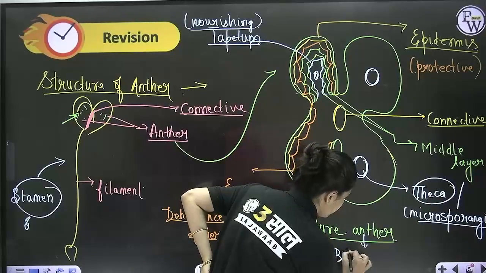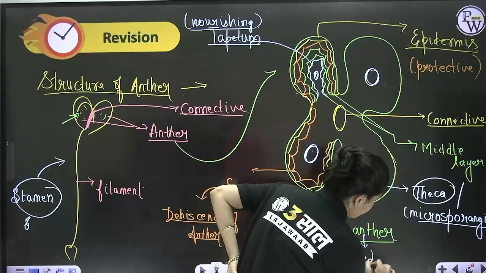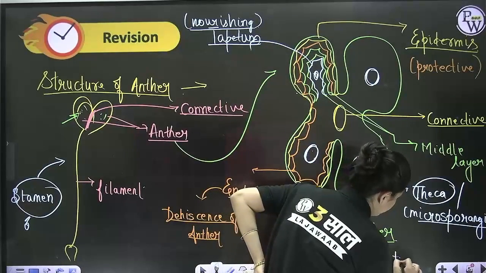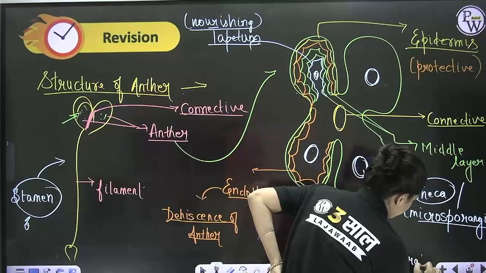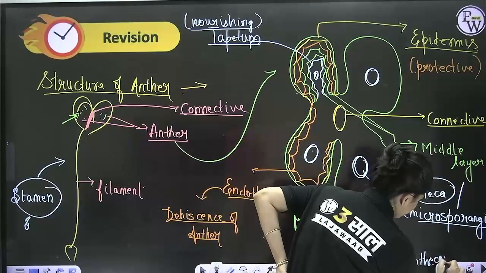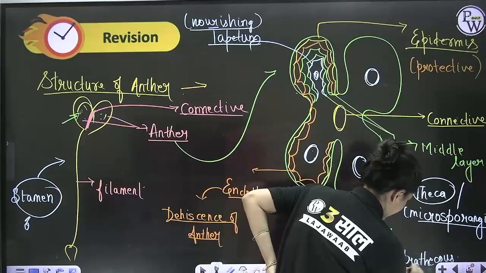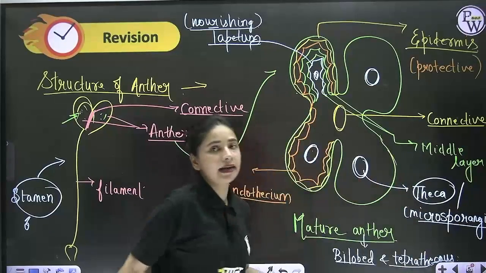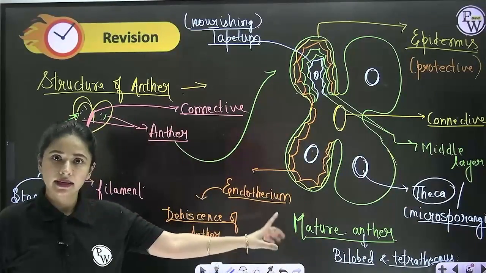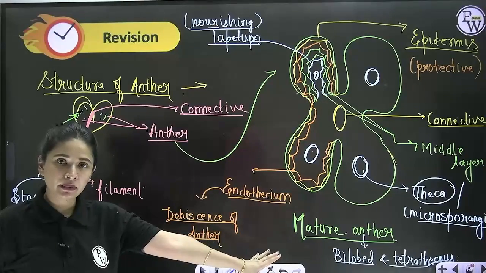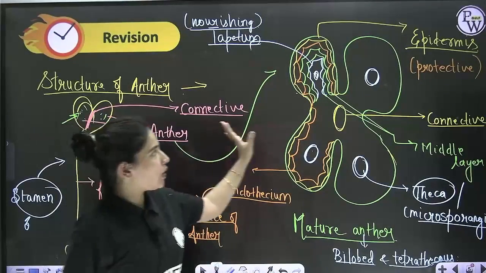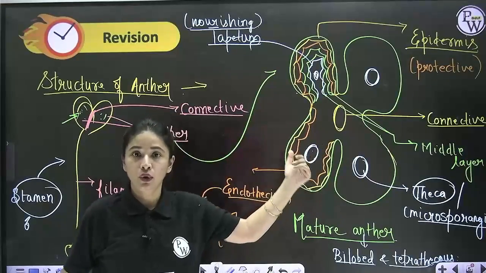The mature anther is basically bilobed and tetrathecous. Correct? Got my point, everyone? Okay, so this is how my anther will look.